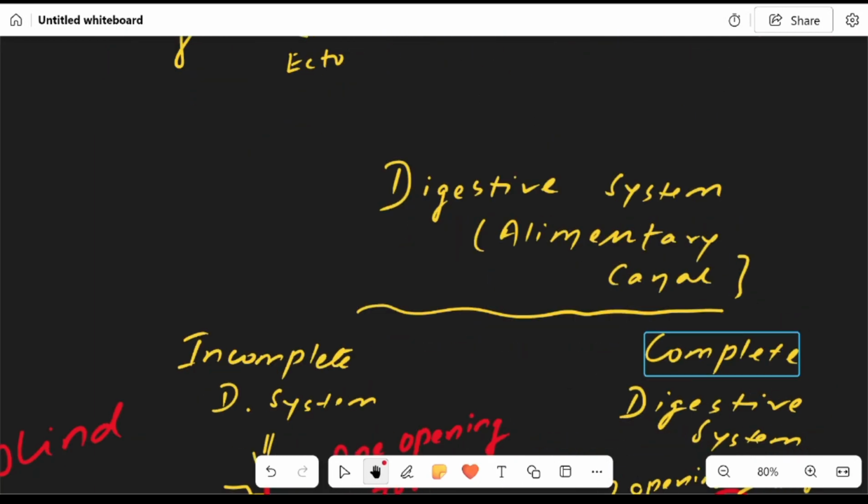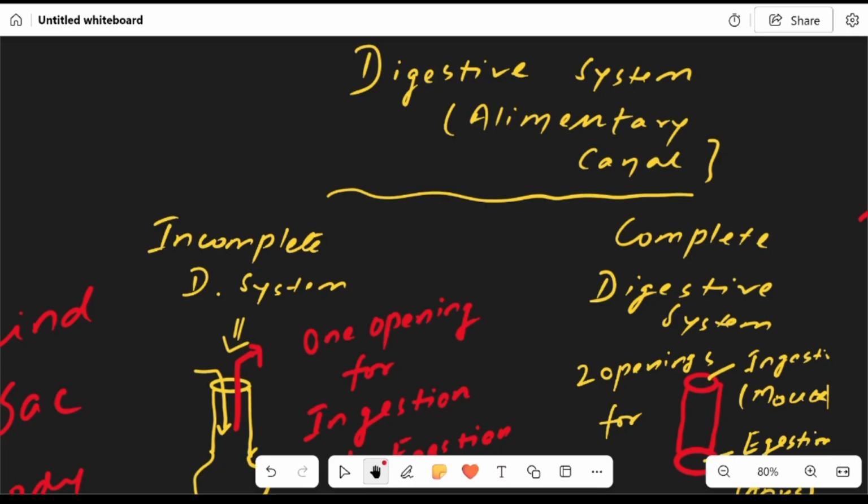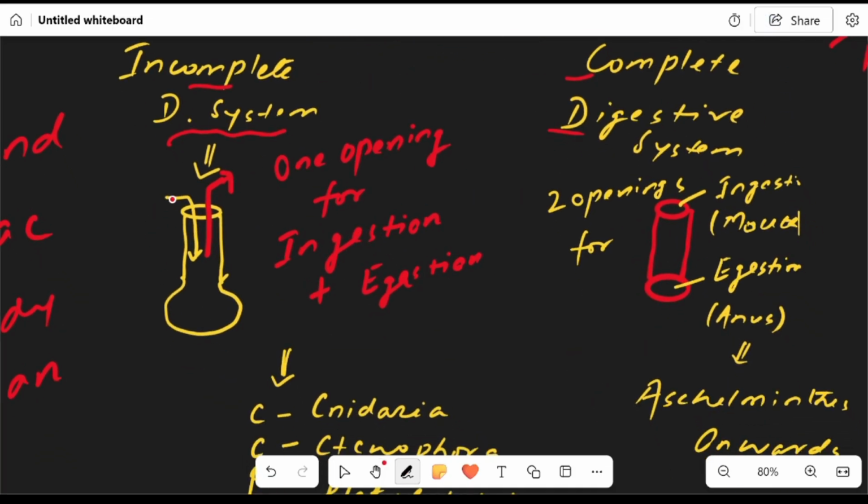Now let us study the digestive system, or alimentary canal. We have the incomplete digestive system and the complete digestive system. The incomplete digestive system has only one opening, for taking in food and also for excreting waste products.